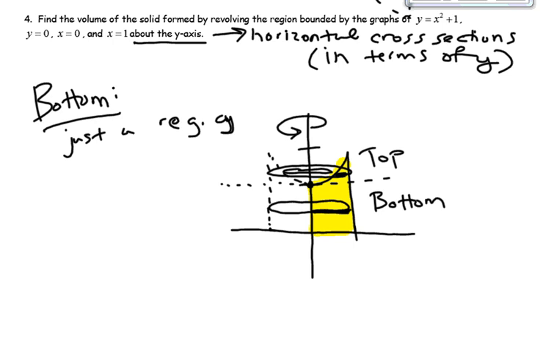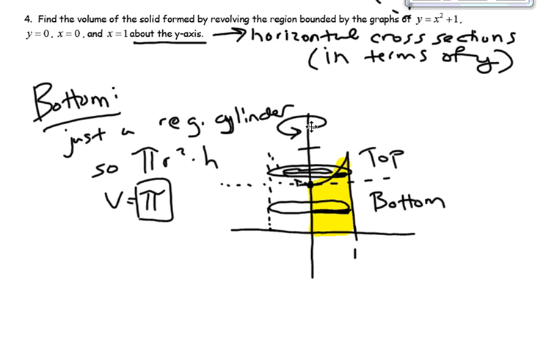The formula for the volume of a regular cylinder is just area of the base times the height, or pi r squared times the height. And we know that has a radius of 1 and also a height of 1. So this would be simply pi for the bottom portion.